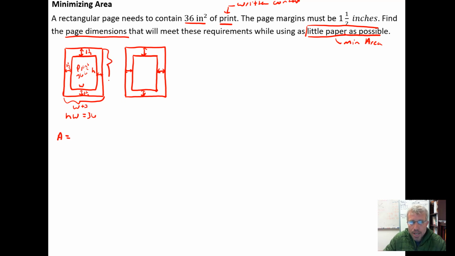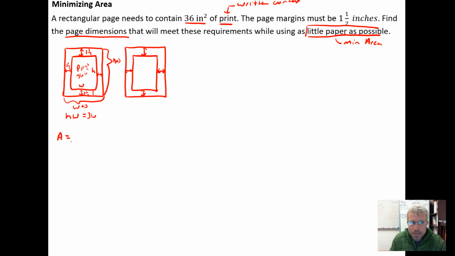And the height of the outer sheet of paper would actually be the interior height plus the 3 inches you get from 1.5 inch margin here plus 1.5 inch margin here. So you actually get height plus 3.